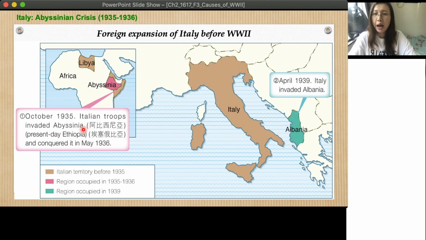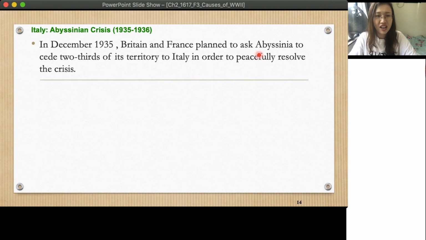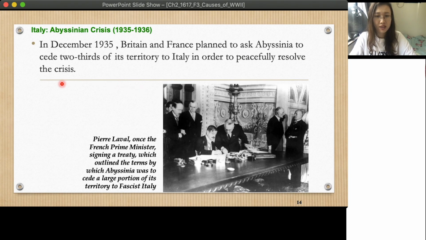But instead of helping them stop the invasion from Italy, Britain and France appeased Italy by asking Abyssinia to cede two-thirds of its territory to Italy in order to peacefully resolve the crisis. You can see here the French Prime Minister signing a treaty which outlined the terms by which Abyssinia was to cede a large portion of its territory to fascist Italy.